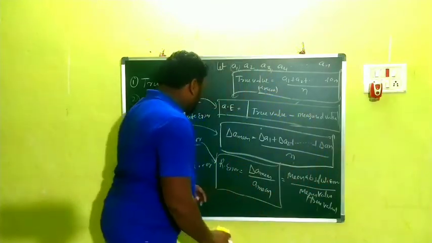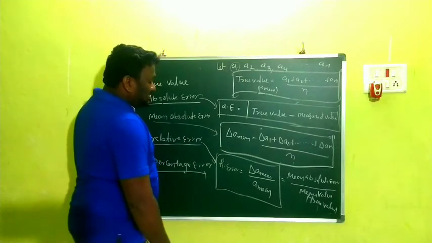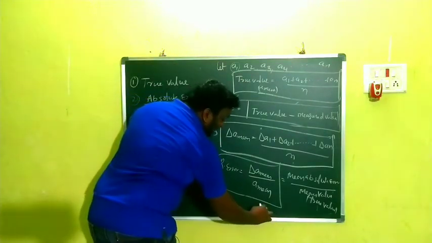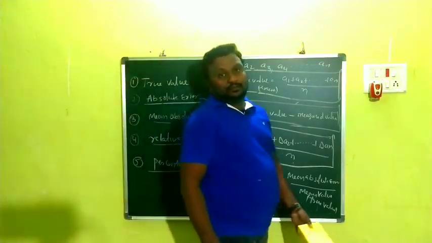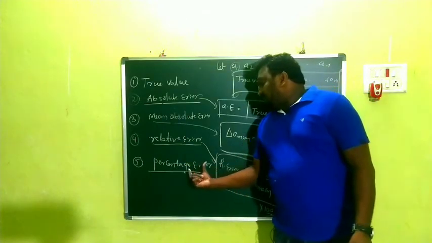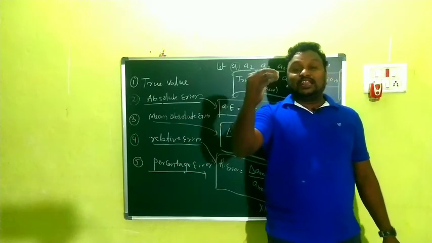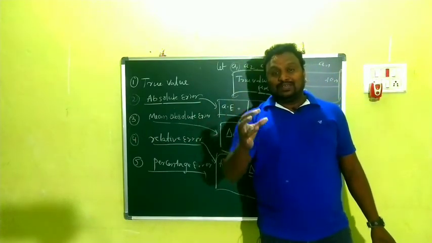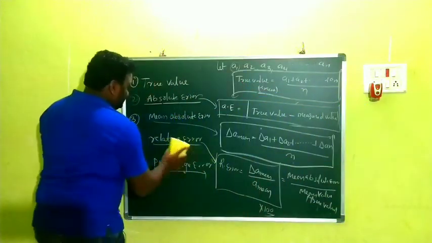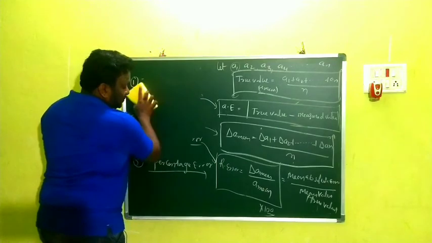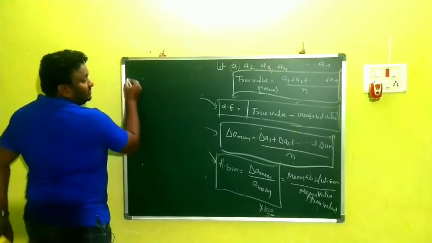And next, percentage of relative error. Simply, if you multiply the relative error with 100, you get the percentage of error.